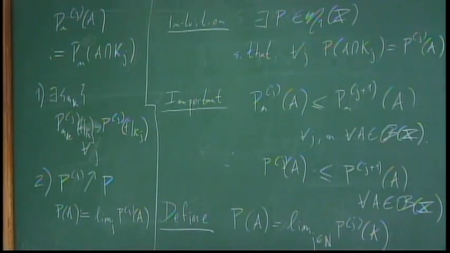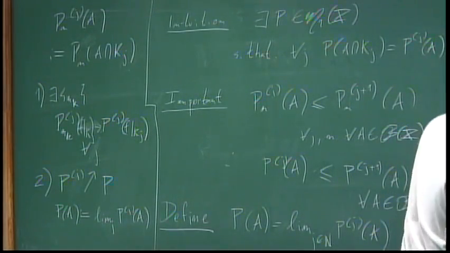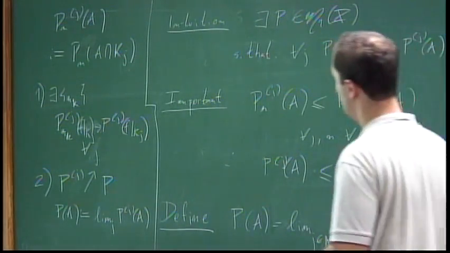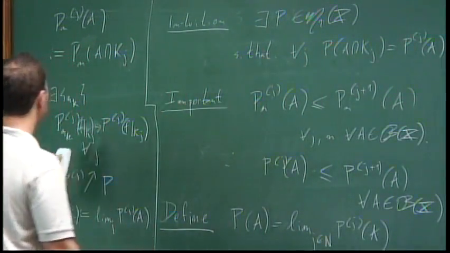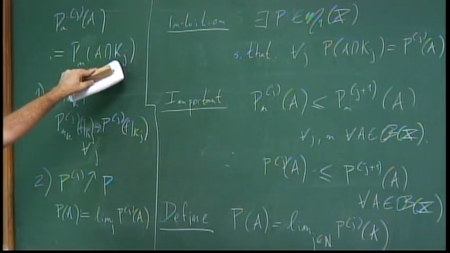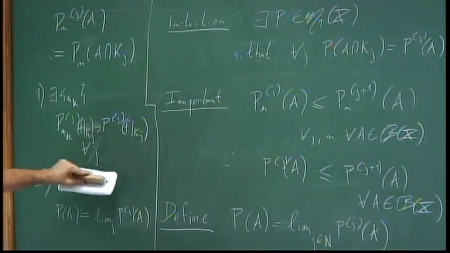Right, so what do we get from this? What I'm saying here is that if you define an increasing sequence of K_j's, then you can say these things.